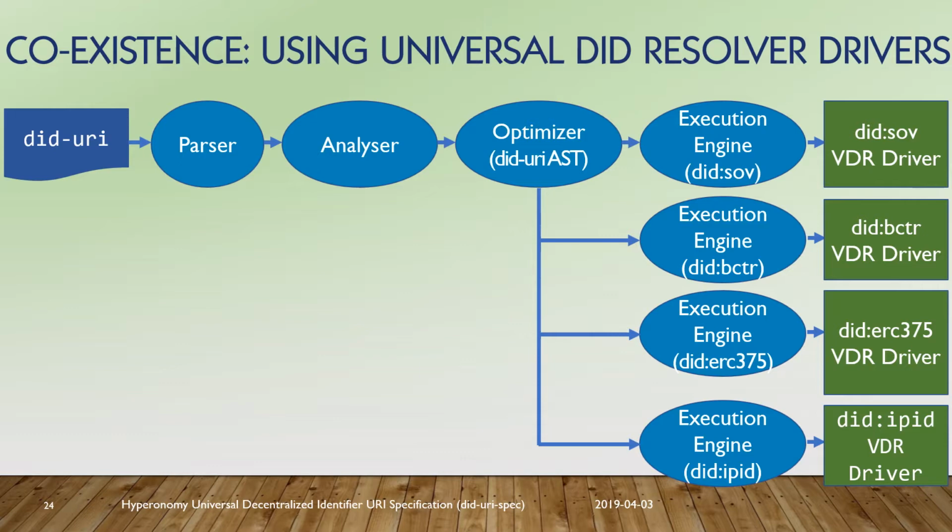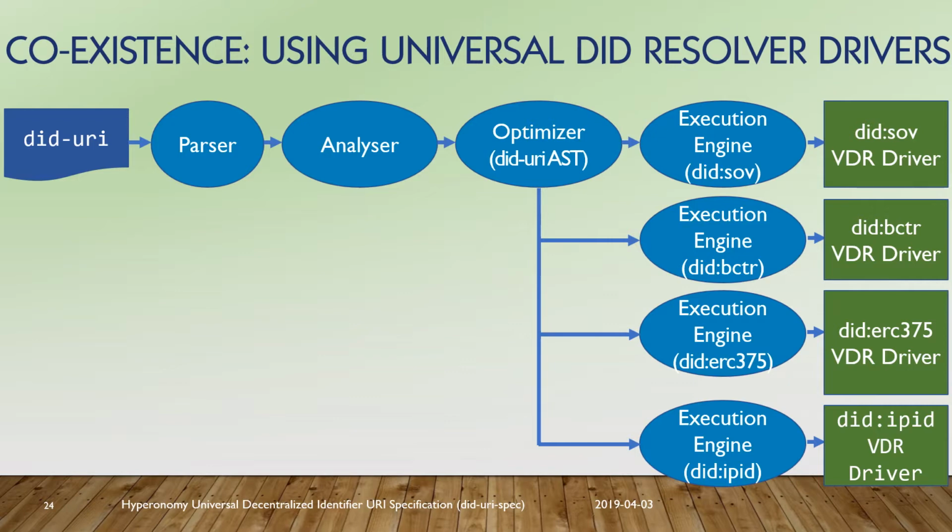And knowing which did method was being targeted, somewhere between the optimizer and the execution engine, that did-uri AST expressed using the did-uri spec grammar would be translated into a did ABNF compliant did URL.